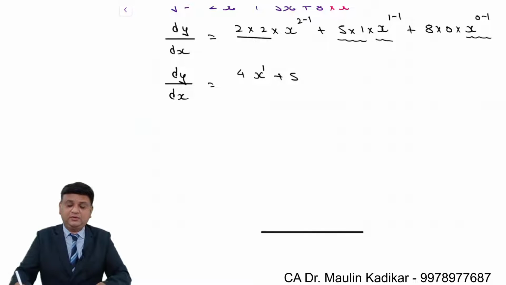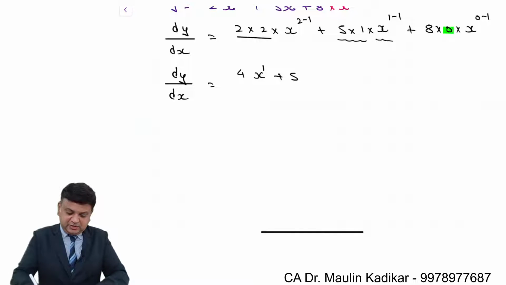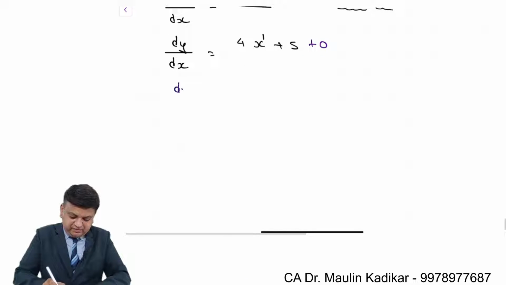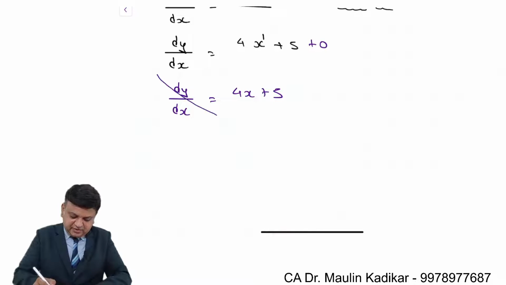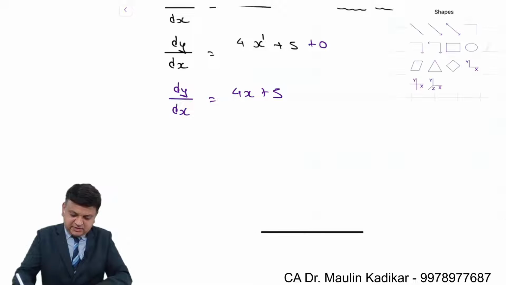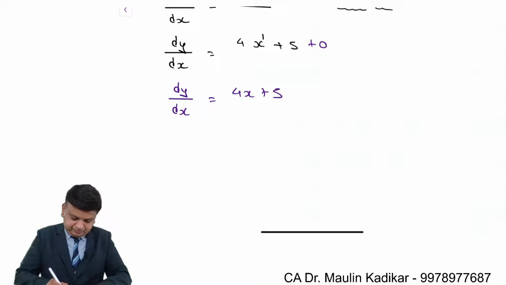The last term has 0 in multiplication, so any value into 0 will become 0. So finally we will have dy upon dx is equal to 4x plus 5. This is the way we can have the differentiation formula to be derived based on this equation.